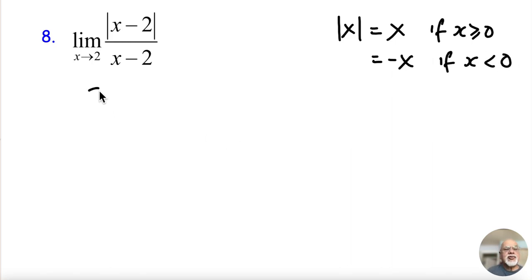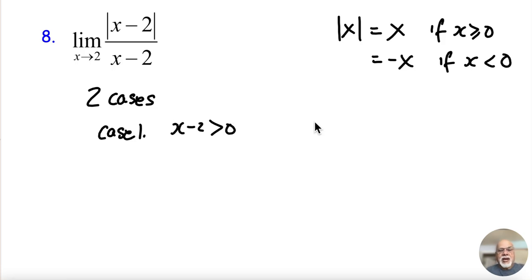And so we can look at two cases then. So case 1 is that x minus 2 is greater than 0. And the other case, case 2, is that x minus 2 is less than 0.